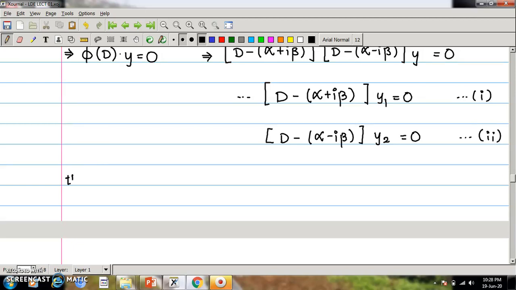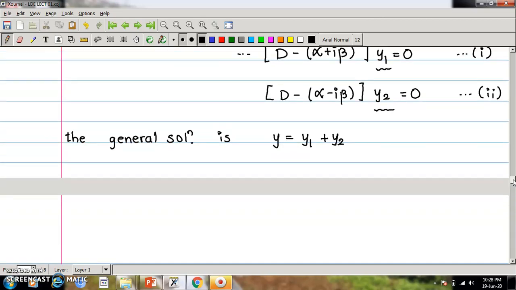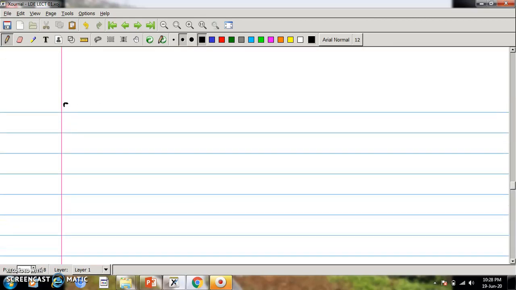And here the general solution is given by y equal to y1 plus y2, where y1 is the solution obtained from equation 1 and y2 is the solution obtained from equation number 2. So we solve one by one. For equation 1, the solution is y1 equal to some constant times e raised to the root alpha plus i beta into x.